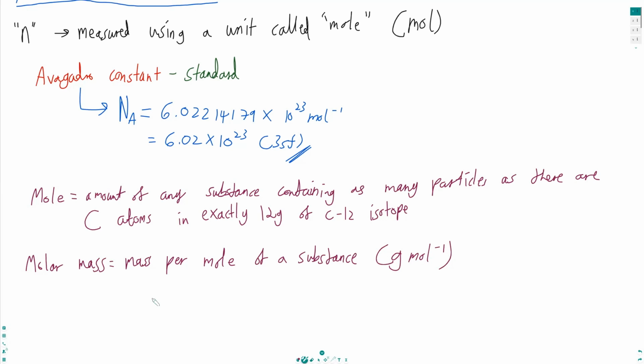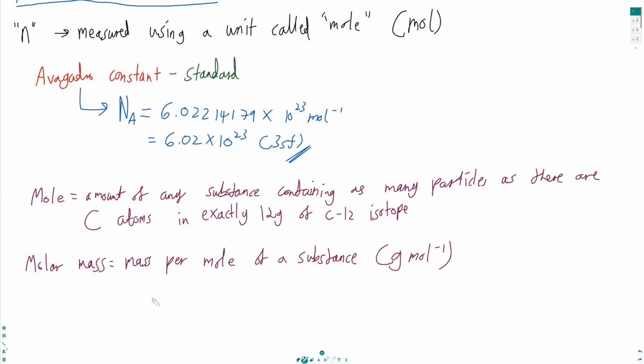So I'm not going to write this next bit down because it's just a bit of extra info. So counting and weighing atoms. So the definition of 1 mole, I'm going to read from the textbook, is that you now know that 12 grams of carbon-12 contains 6.02 times 10 to the 23.